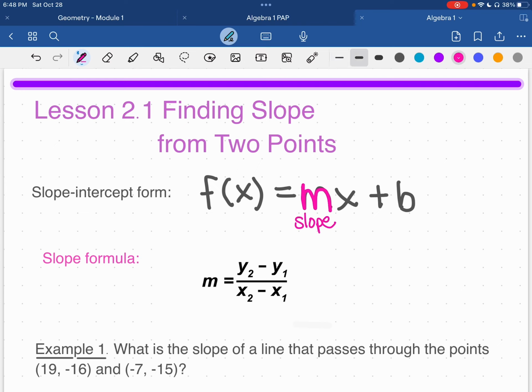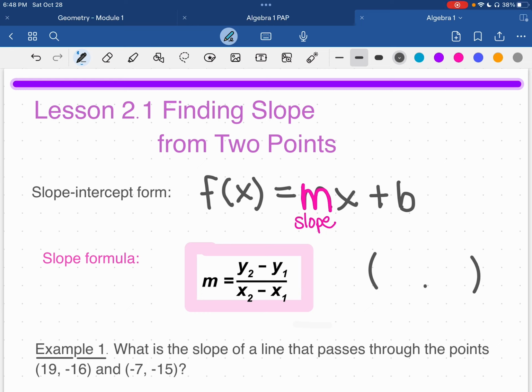To find the slope of a line, we are going to use the formula below. The formula says we're going to take y2 and subtract y1 and divide it by x2 minus x1. Where we get these x1 and x2 from is our ordered pairs.